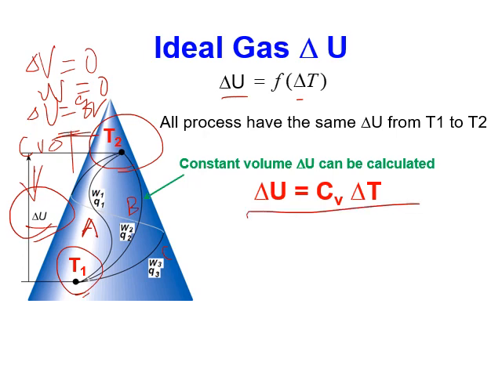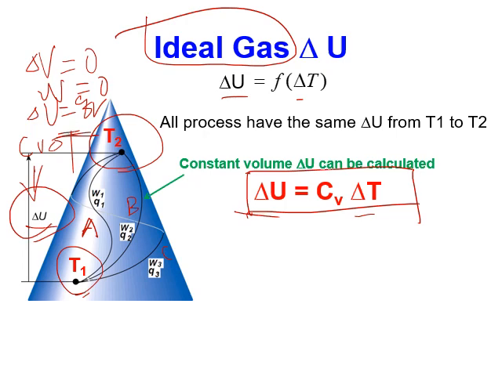And this is the equation. This equation is derived from constant volume, but it also applies to all other processes. It can be constant pressure. As long as the temperature change is the same, delta U is the same. So delta U equals Cv delta T, always true for ideal gas, only for ideal gas. You can always use Cv delta T. That's a very important conclusion.